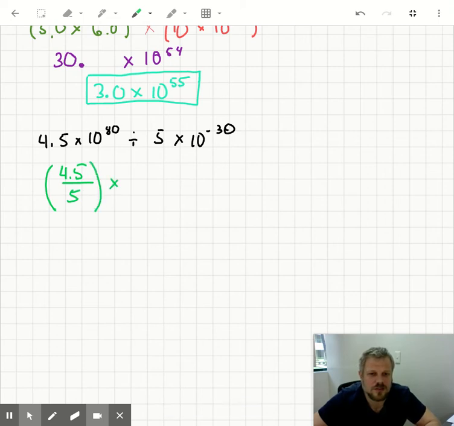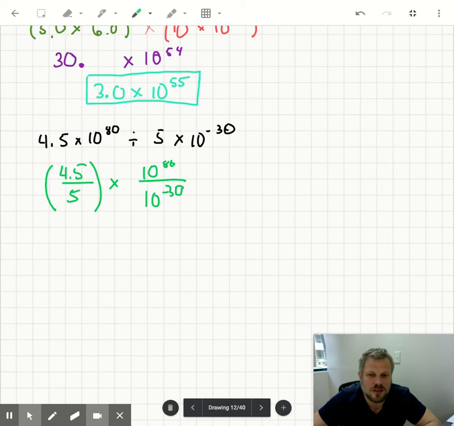And then times 10 to the 80 divided by 10 to the negative 30. Now it's kind of like what I did when I multiplied them, I'm dividing the coefficients separately because that's going to give me the coefficient when we divide, right? And then I'm dividing the base 10s separately here. So then I can just use the exponent laws, right?